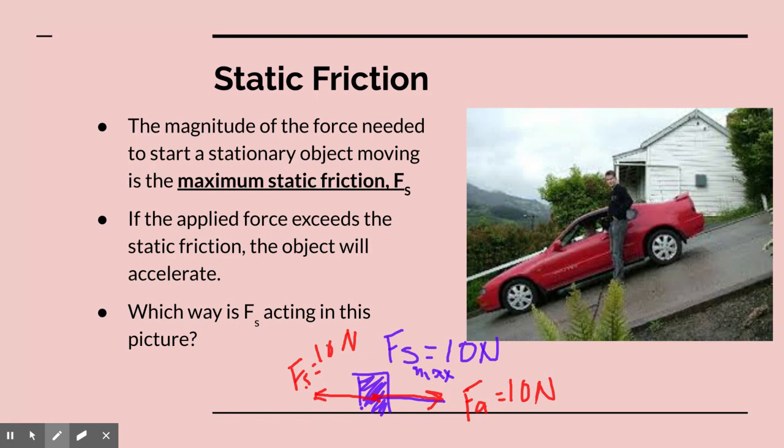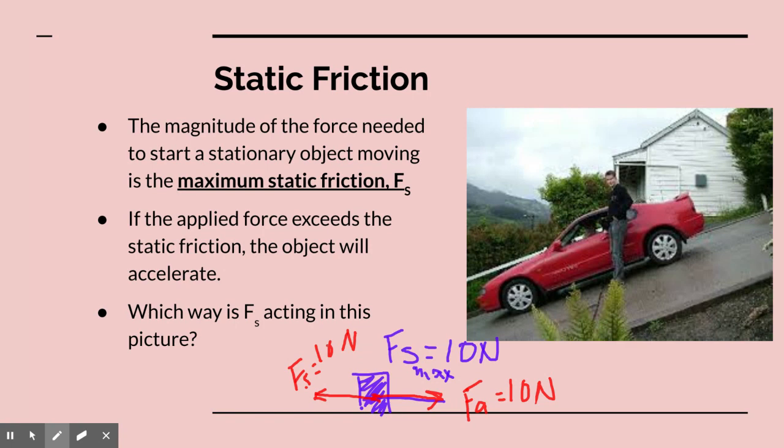So if you had a question that said you applied so much force onto an object, and then you have to calculate the coefficient, which we'll get to in a bit, and they don't give you the static friction force, and they talk about having constant velocity, you can assume that the static friction force will be equal to the applied force. Okay.